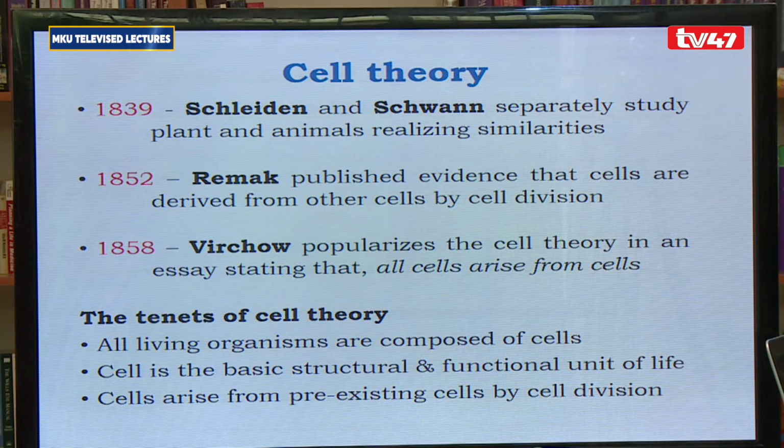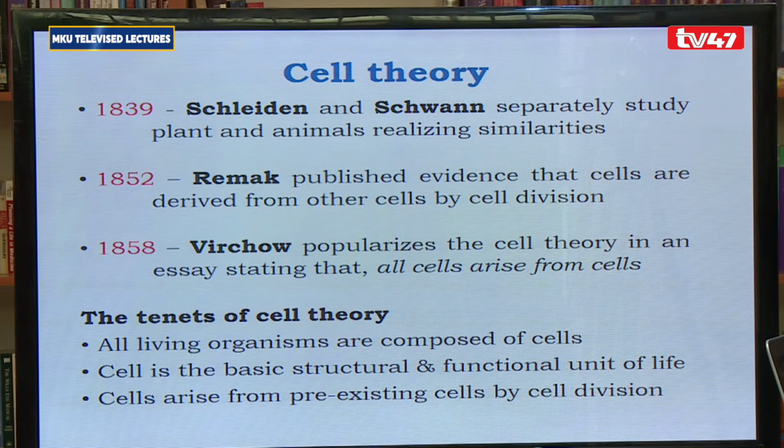Then in 1858, another Polish scientist, interestingly, the two were working in the same area, known as Virchow, wrote an editorial essay talking about how cells arise and divide. It was titled "All Cells Arise from Cells." This essay publicized or popularized the cell theory.